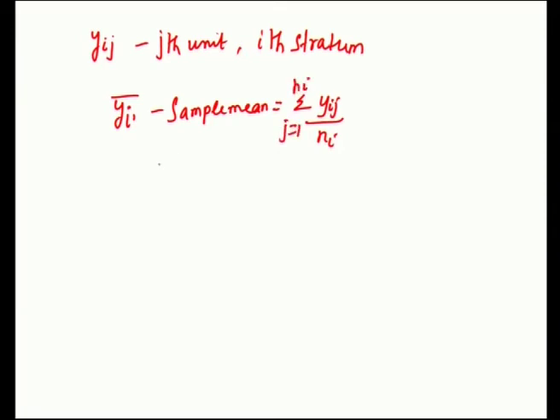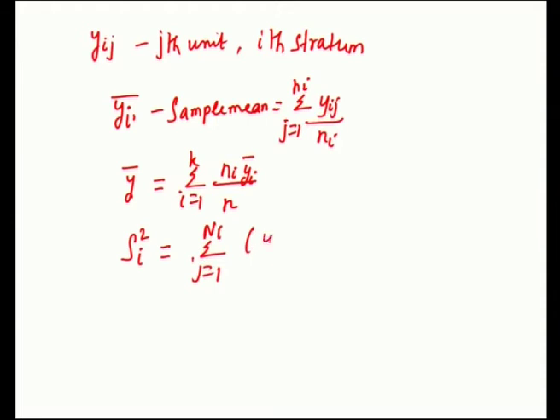The overall sample mean is denoted by y bar and it is defined as summation over i equal to 1 to k ni yi bar divided by n. Stratum variance is denoted by Si squared and it is expressed as summation over j equal to 1 to capital Ni of (Yij minus yi dot bar) the whole squared, divided by Ni minus 1.